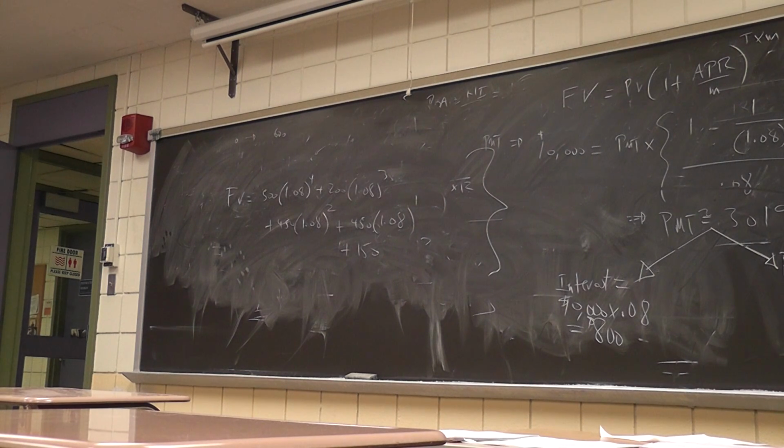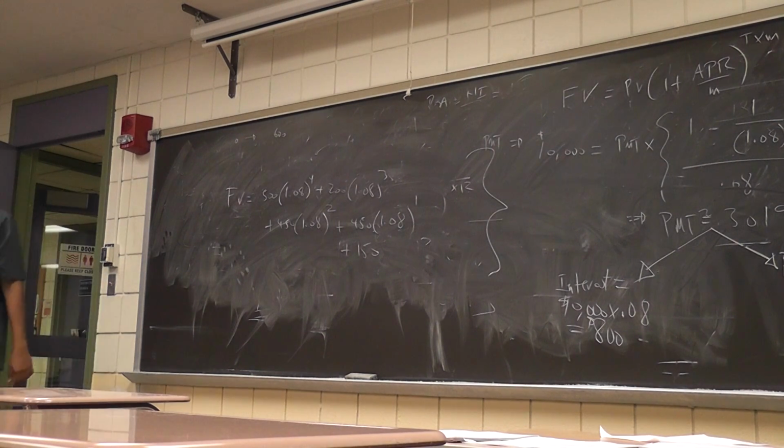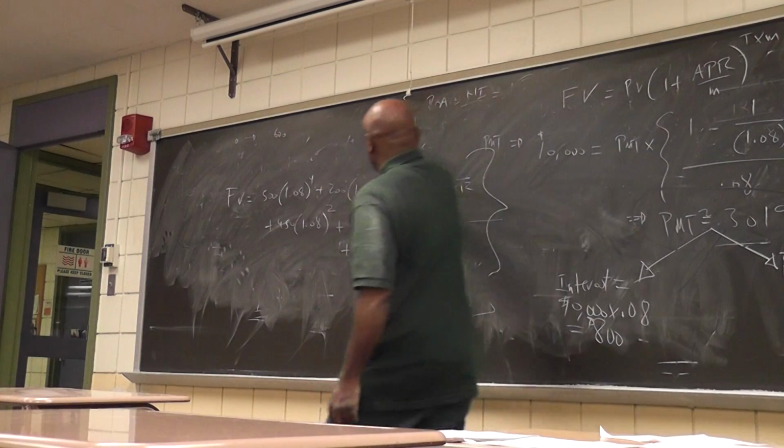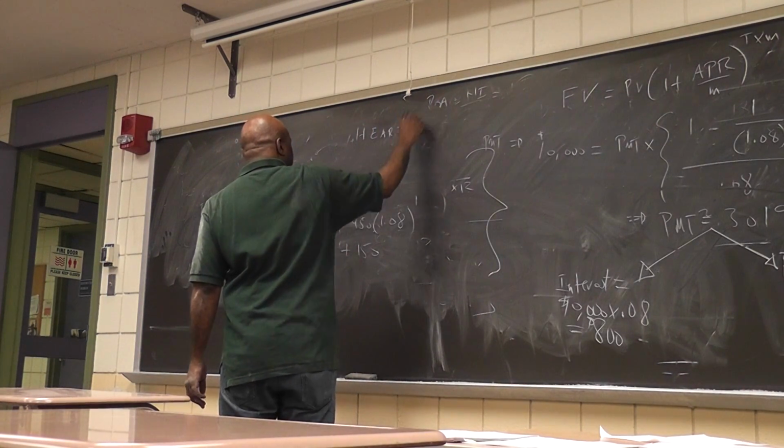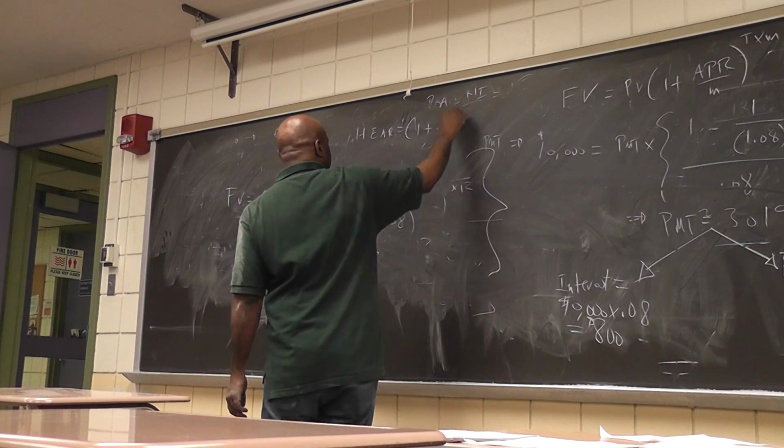Next. If a loan carries an interest of 1.5% per month, what is the effective annual rate? Would you know how to do this? So here, 1.5% per month is really the APR over 12. It's already that APR over 12. So if you compute it, you simply do 1 plus EAR is really 1 plus that 0.015 raised to the power 12.